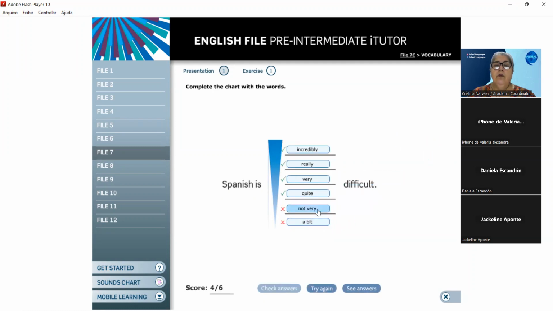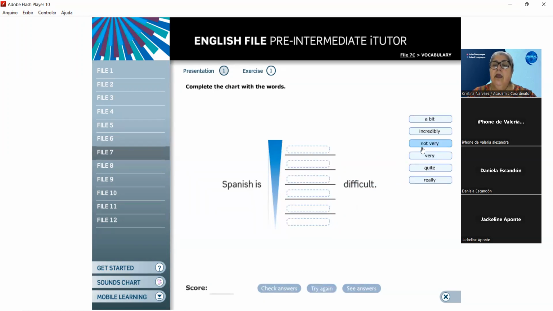So, a bit es un poquito. Y not very es no mucho. ¿Ok? Ahora, ¿cuál es la diferencia con el inglés americano? En el inglés americano, el very va más abajo que el quite. ¿Ok?